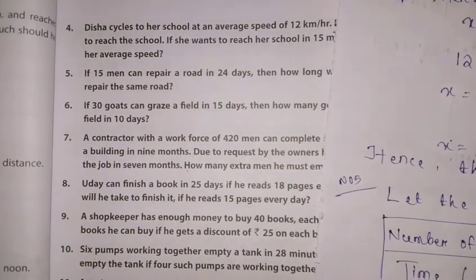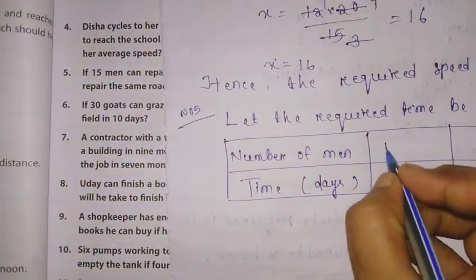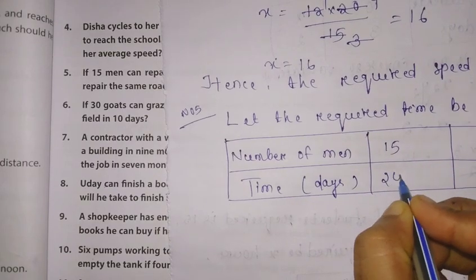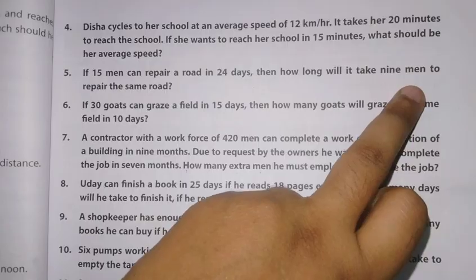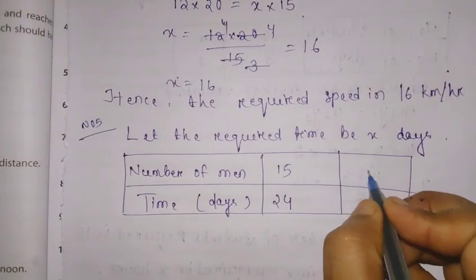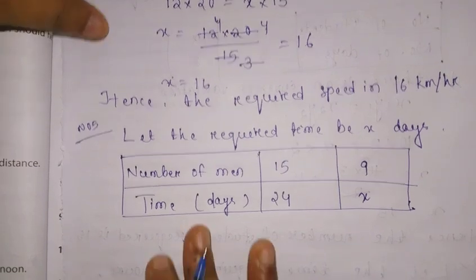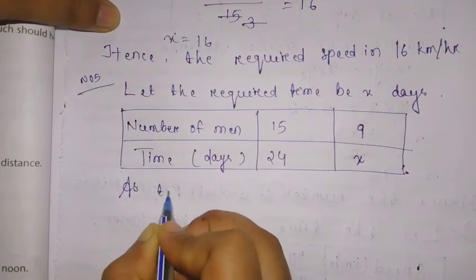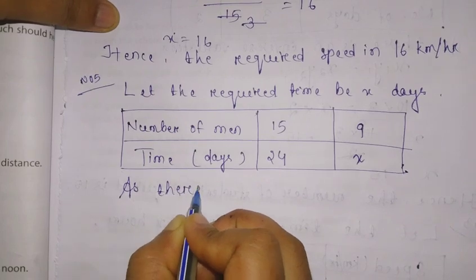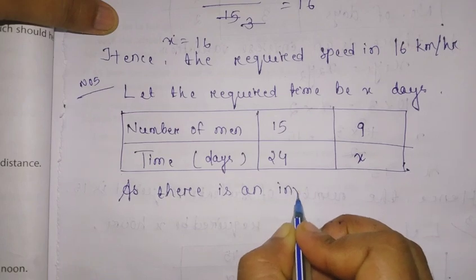Number of men is 15 men, 24 days. Then 9 men, x days. As there is an inverse variation.